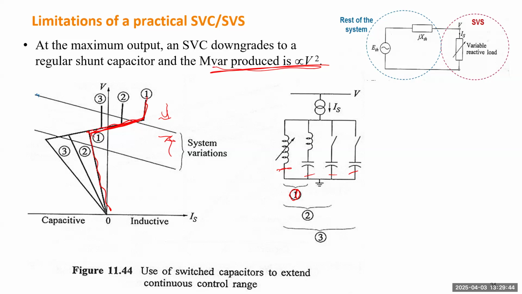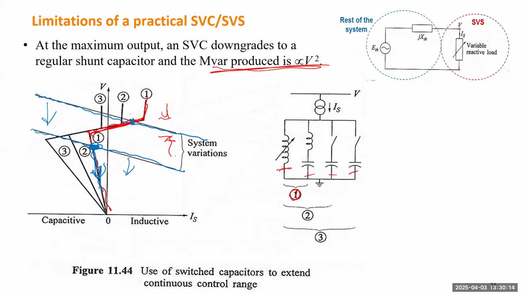The system condition will intersect with this SVC characteristic, and that will be the operating point. When the system loading increases, the voltage drops, maybe to this line. That line will intersect with the SVC at this point. If the voltage further drops, it will follow this line, and the voltage will drop quickly.